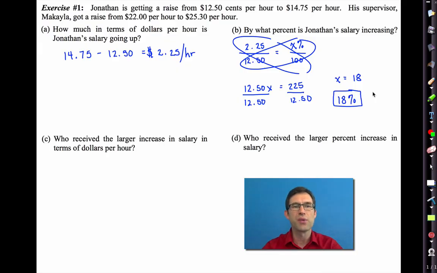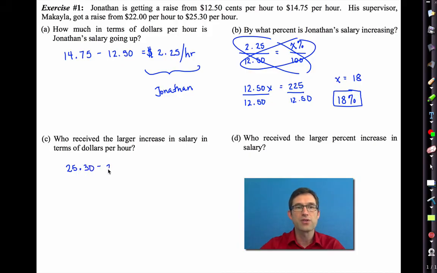Now letter C is simple enough as well. Who received the larger increase in salary in terms of dollars per hour? Well, we know that Jonathan had his salary increased by $2.25 an hour. We don't yet know what Michaela's salary went up by, but that's simple. We can just do the subtraction: $25.30 minus $22 gives me $3.30.